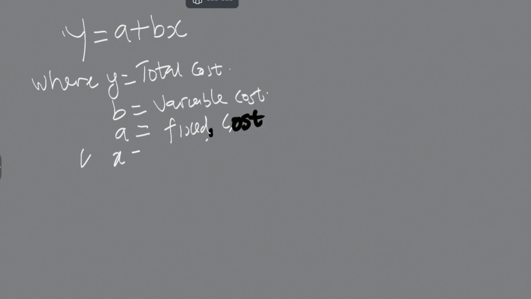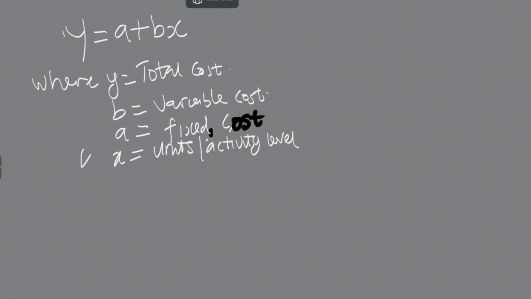And x represents your units or your activity level. So y is the total cost from the question.